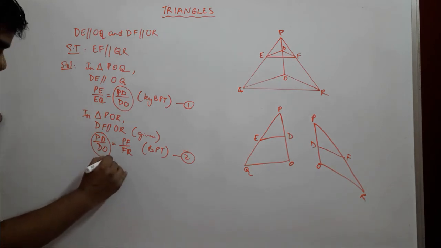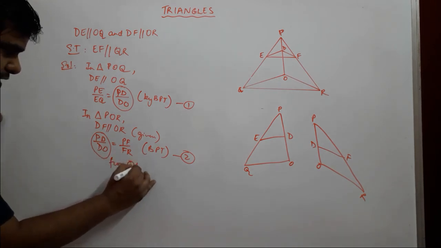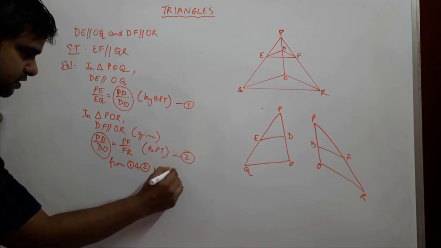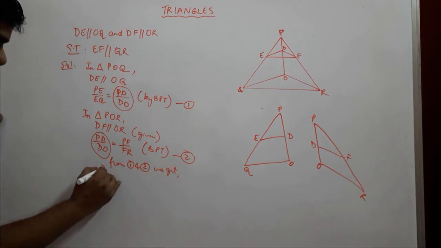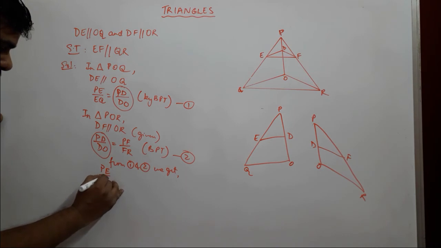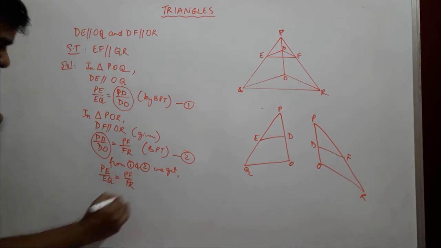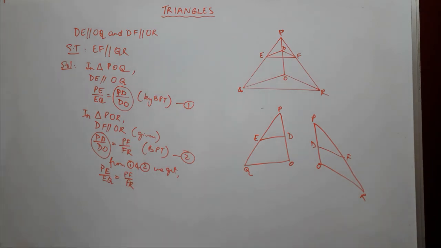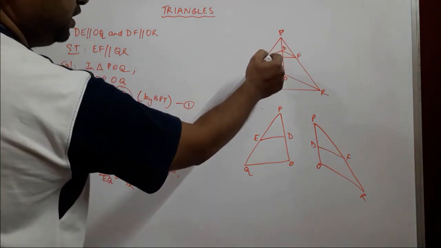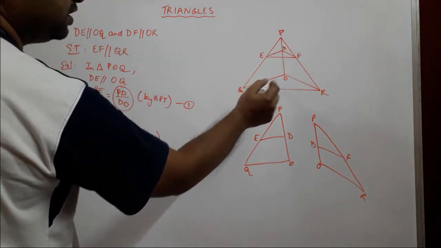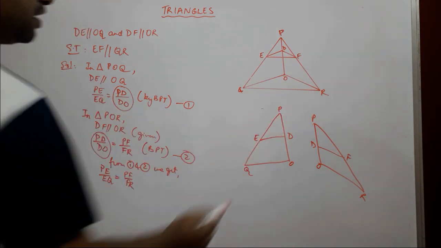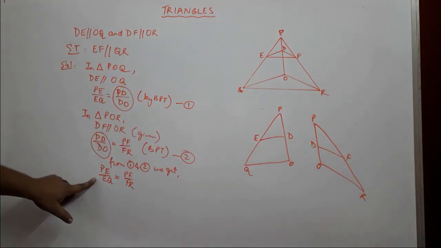So we say from 1 and 2 we get PE upon EQ equal to PF upon FR. Fine, and this is exactly what we needed in order to prove that EF is parallel to QR.